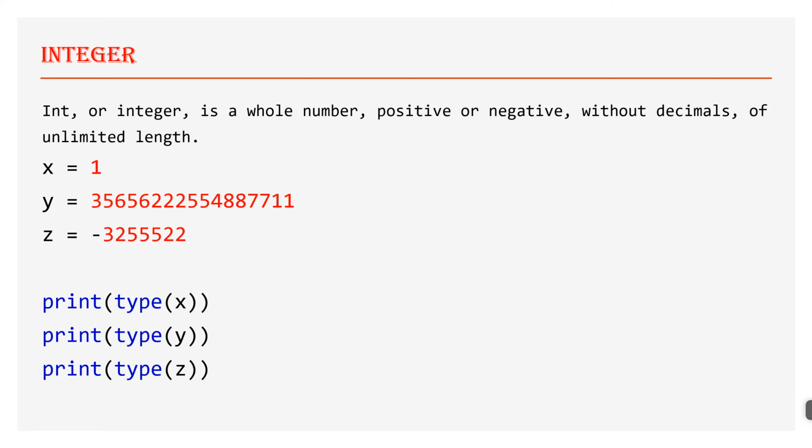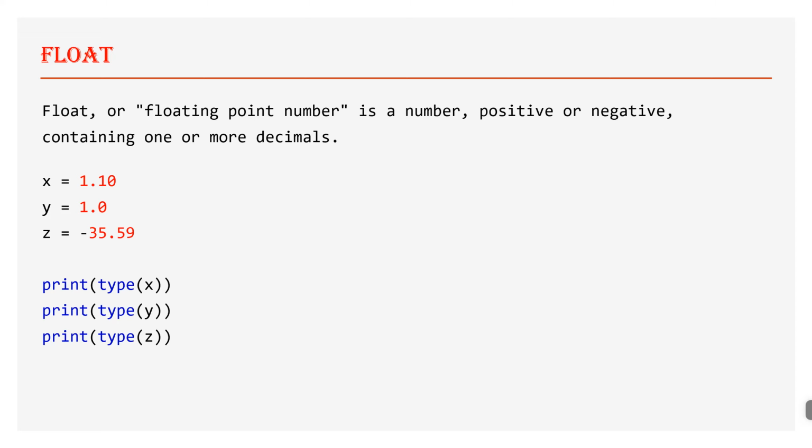But if I take an example of C++ or C or any other language, every integer has its own size limit, beyond which you have to define it as a long integer. In case of float and double, even float as well as integer has a limit. But in Python, there is no such limit. An integer can go for unlimited length. This is one very important point we have to understand.